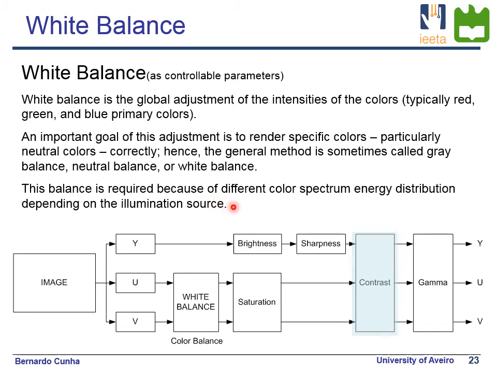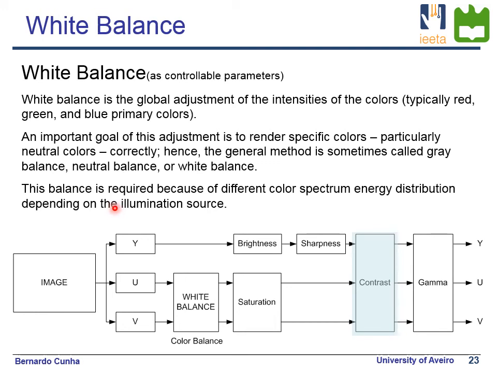For instance, if you are outdoors, the primary source of light will be the sun, and the sun will have intensities along the spectrum which differ from the light you can get from a light bulb inside a room.